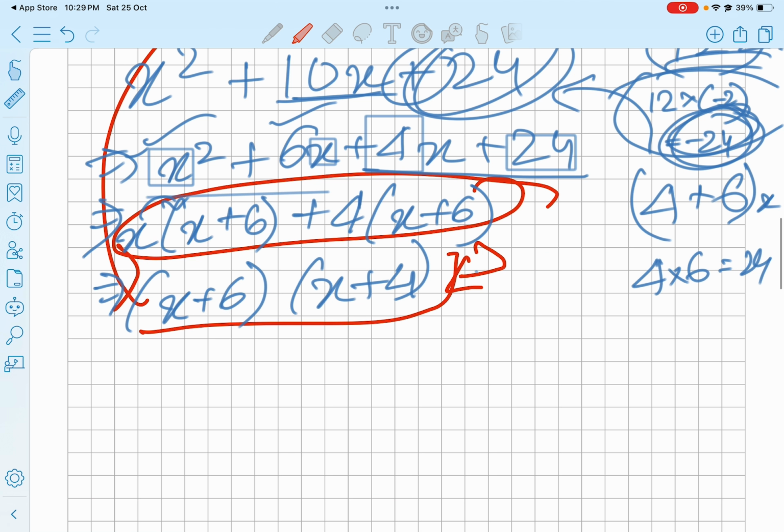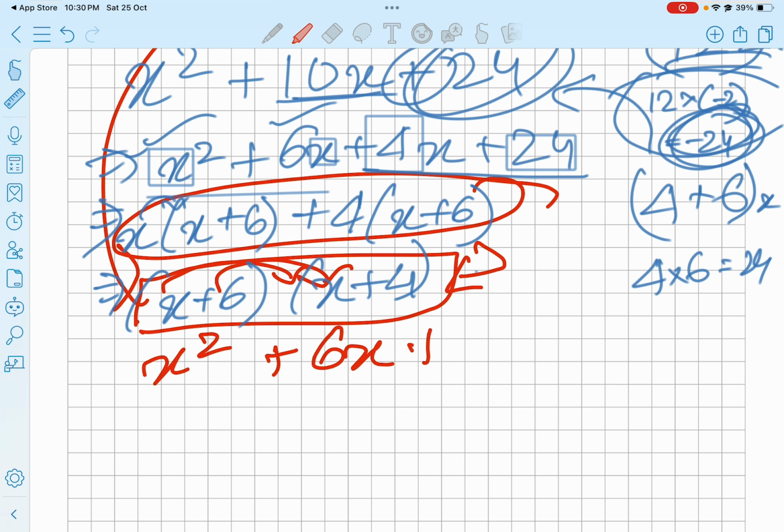Now if you multiply this again, x into x, x square, plus 6 into x, 6x, plus x into 4, 4x, plus 6 into 4, 24.